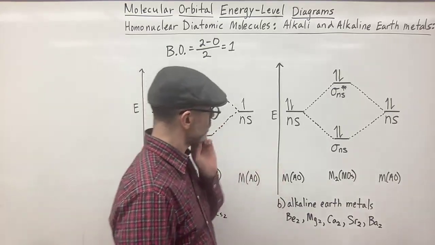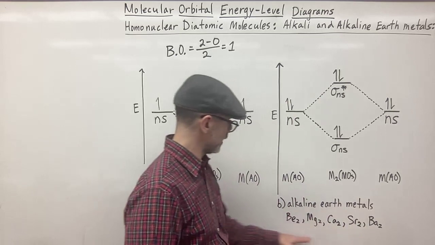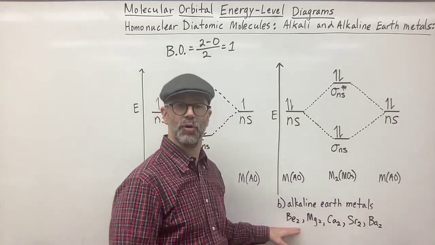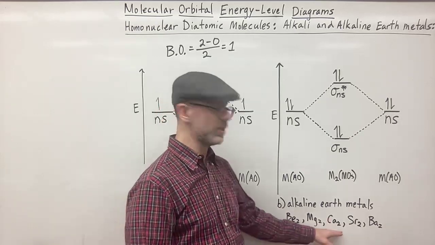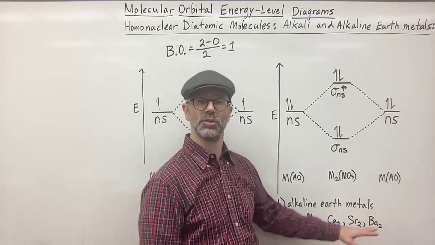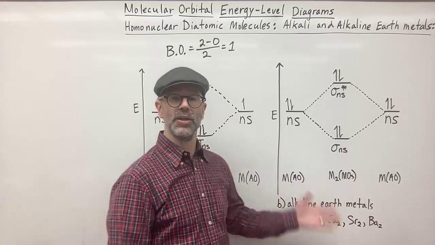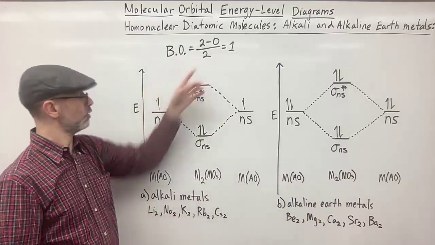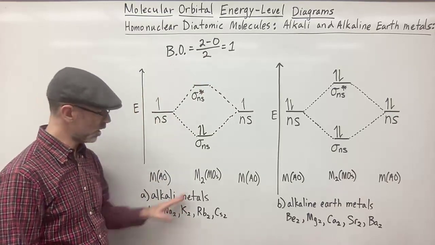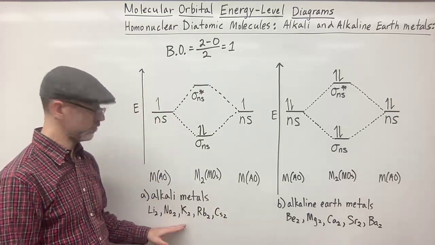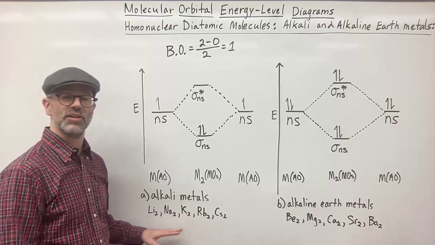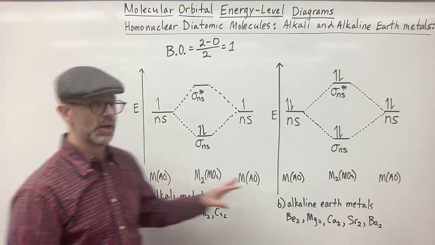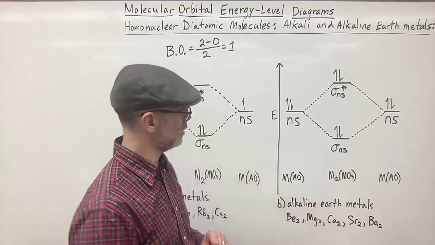And so what would we expect to find with regard to the formation of beryllium 2, magnesium 2, calcium 2, or strontium 2, or barium 2? Are these going to be stable species? We just saw that the bond order for the alkali metal dimers is 1, so those are stable species, right? As I said, these all exist in the gas phase, and some of them exist in solution. What about these? What would we expect for these?